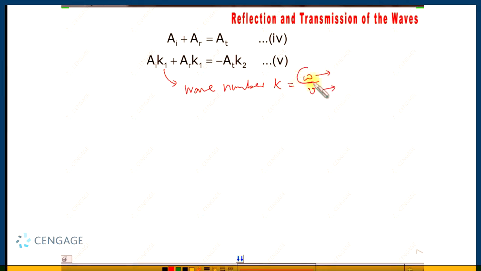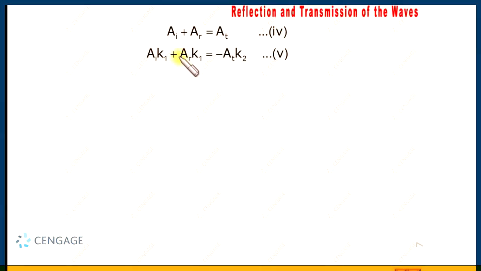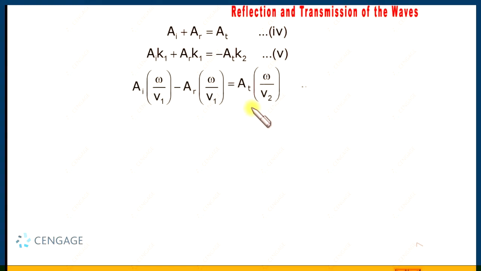And we know this property, that omega remains the same in all media when a wave is traveling. That means this value is the same, and here for medium 1 this value will be v1, and for medium 2 this value will be v2. So, let us write the values of k1 and k2 in terms of v1 and v2, right.